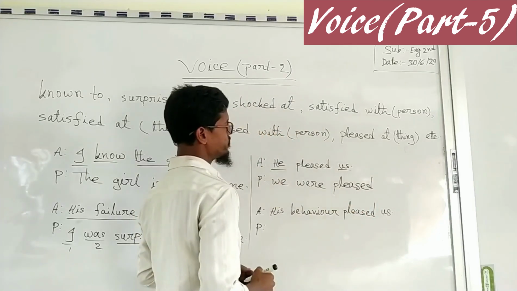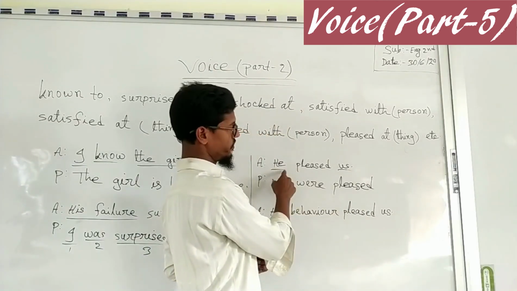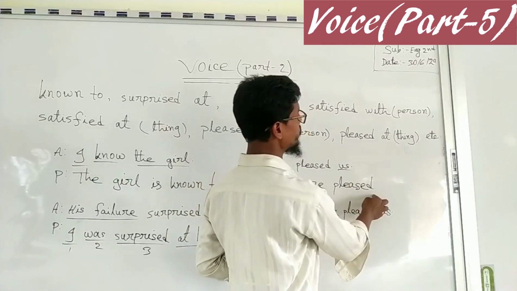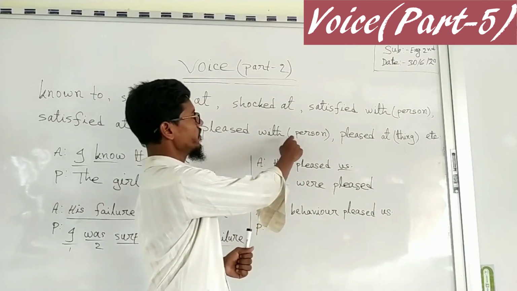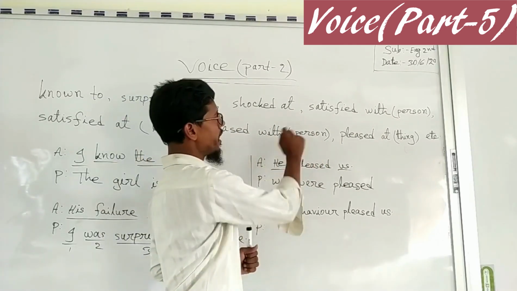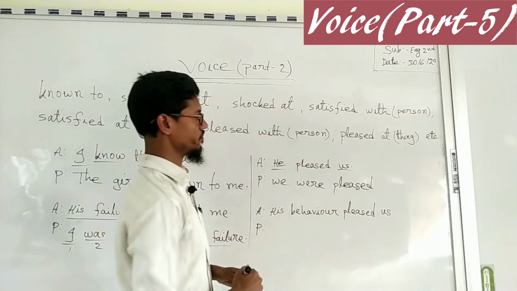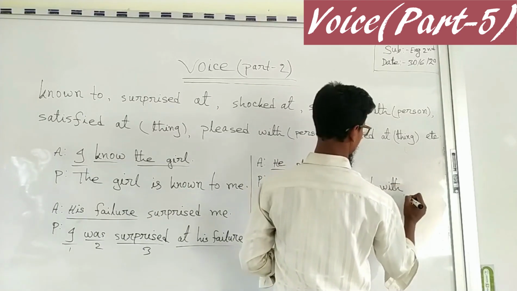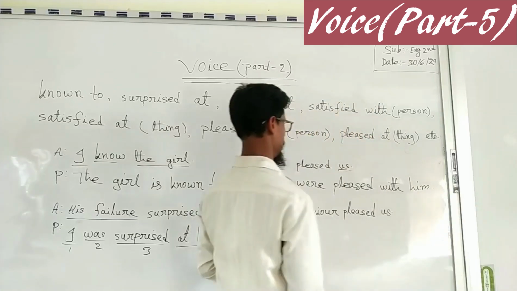He is a person here. That's why after pleased I have to take the preposition with, because if the subject or object is a person, I have to take with. Pleased with. He will be the object form, him.